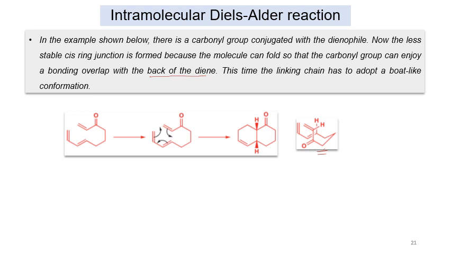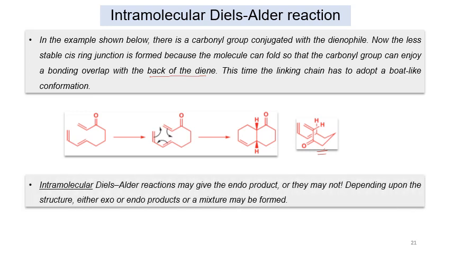In the previous case, we had seen that the chain had adopted a chair-like conformation. So it's not necessary that the Diels Alder reaction may give you the endo product. Depending on the structure, you can have either of these two products, or you may have a mixture.